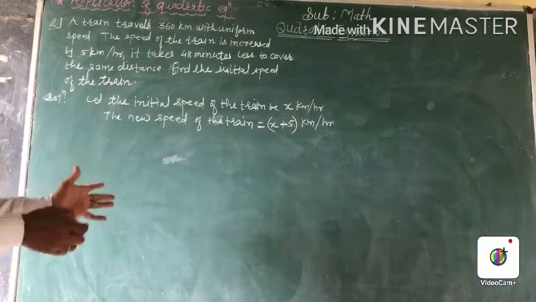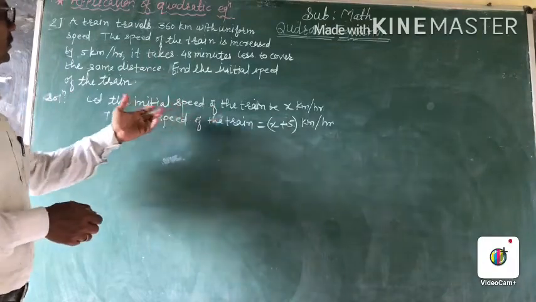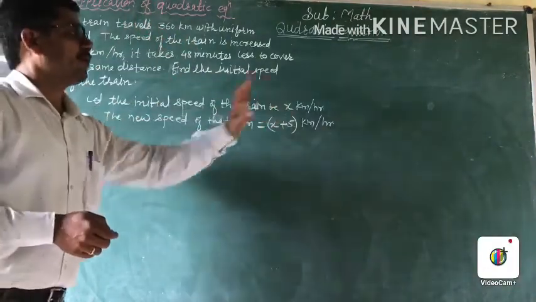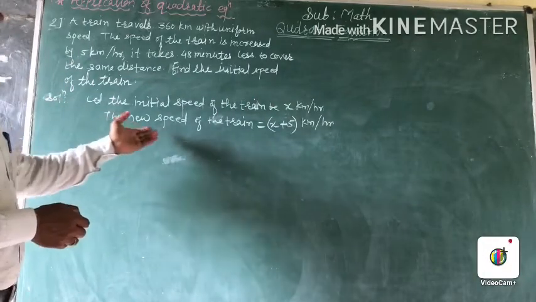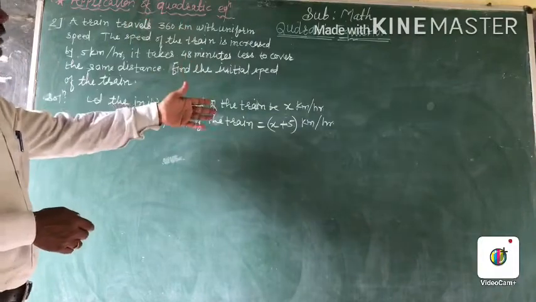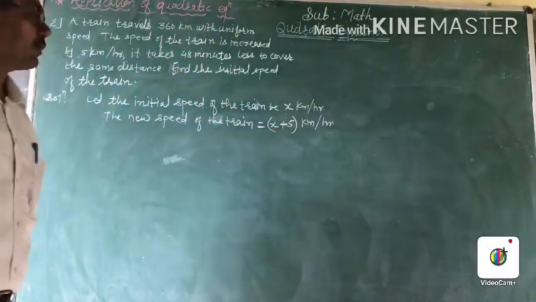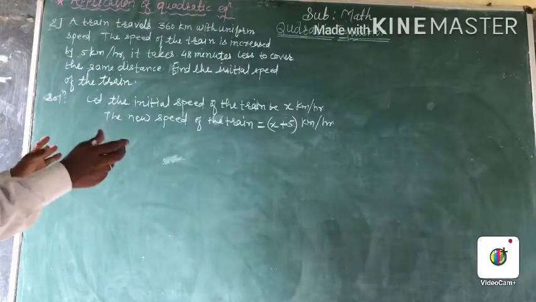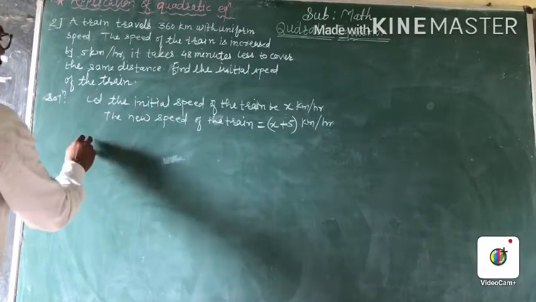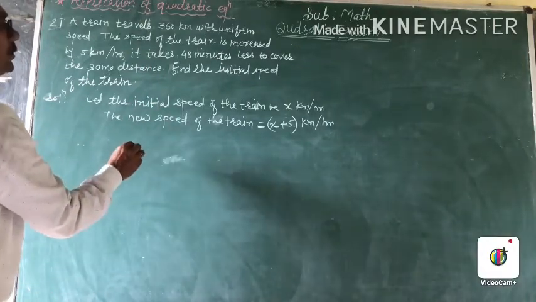First find the time required to travel 360 km at the speed of x kilometer per hour, and then find the time required for the same distance at the speed x plus 5 km per hour, and the difference of these times is 48 minutes. That gives the equation. First find the time required.